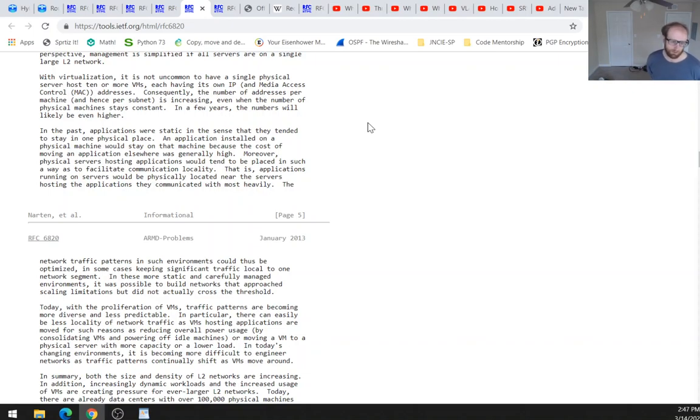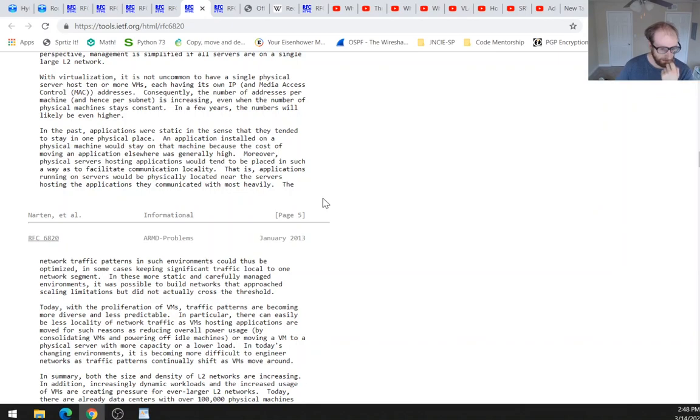Today, with proliferation of VMs, traffic patterns are becoming more diverse and less predictable. In particular, there can easily be less locality of network traffic as VMs hosting applications are moved for such reasons as reducing overall power usage by consolidating VMs and powering off idle machines, or moving a VM to a physical server with more capacity or a lower load.